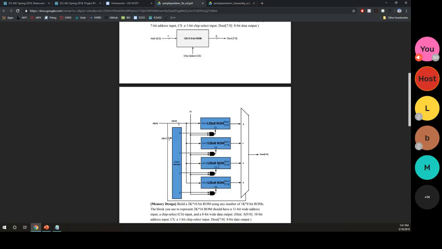Yeah, so 2 bits is missing, and we need to do something with those 2 bits. What we do is we use the 2 bits to make a decision. We take those 2 bits and use them as a selector. We throw them into a decoder, because what a decoder does is it selects. It takes an input and selects out of that.